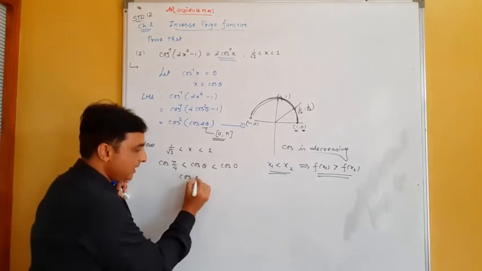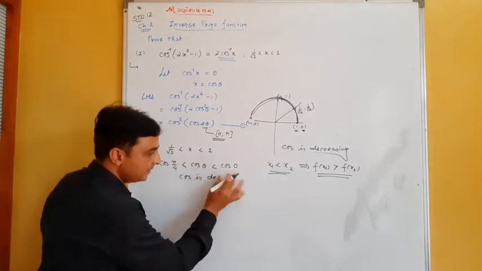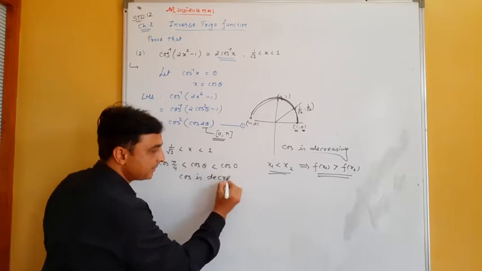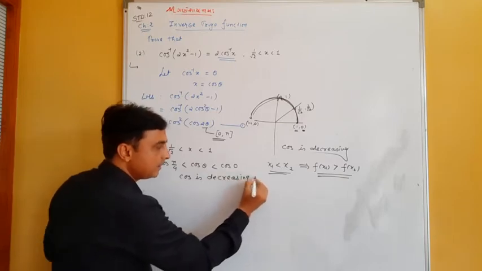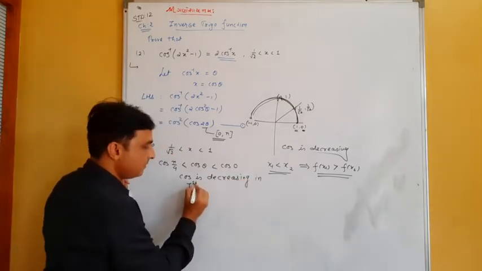So cos is decreasing in the first quadrant.